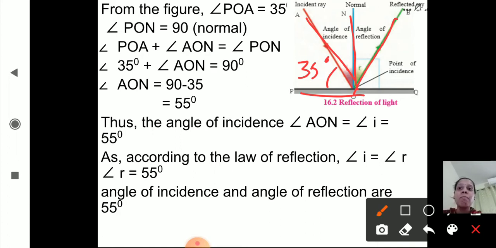So angle PON is equal to 90 degree. Now angle PON is equal to angle POA plus angle AON, the angle of incidence, which is equal to 90 degree. In this, angle POA is given 35 degree. Therefore, angle AON we have to find out, that is angle of incidence.